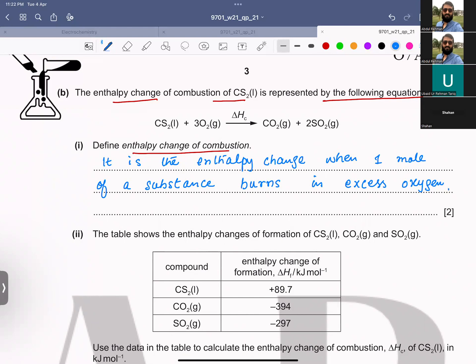So this is called the standard enthalpy change of combustion.